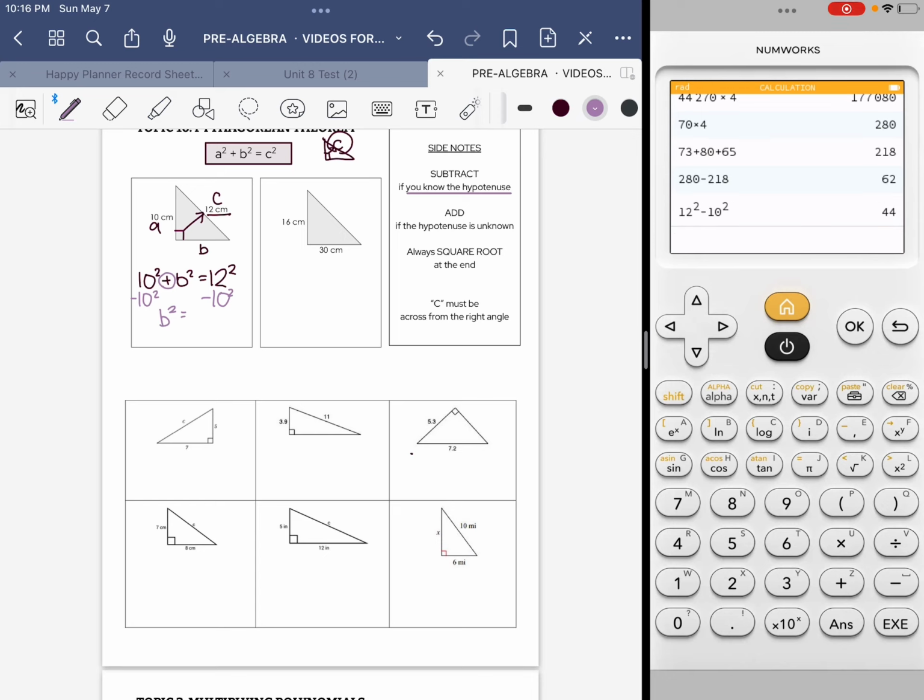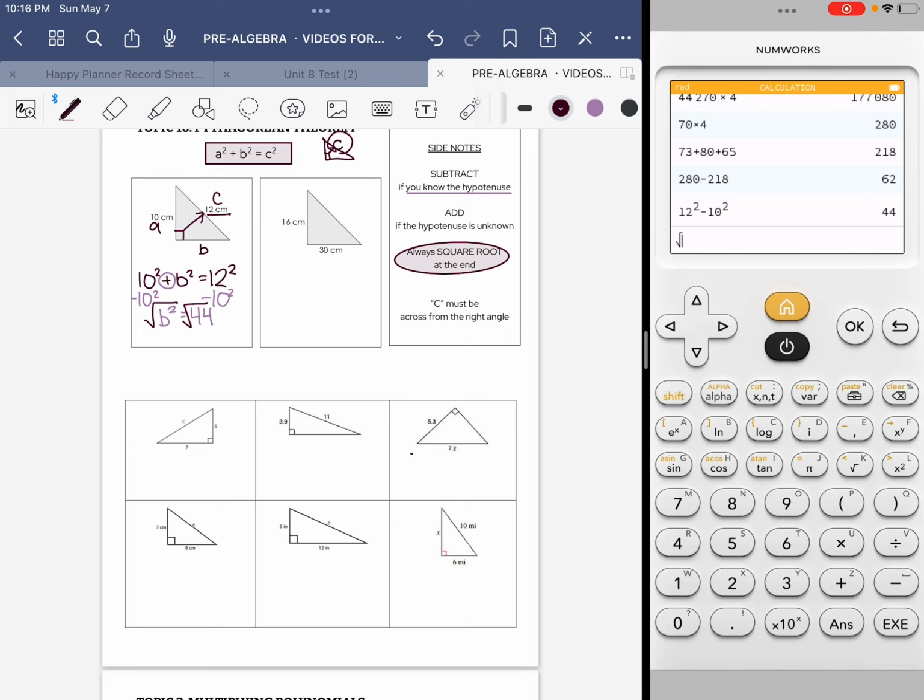Which is 44. And if B squared equals 44, we have to do the square root to get rid of it. So at the end of every problem, whether you add or subtract, you always square root at the end. And that is where you hit the shift or the second button, and then the squared button.